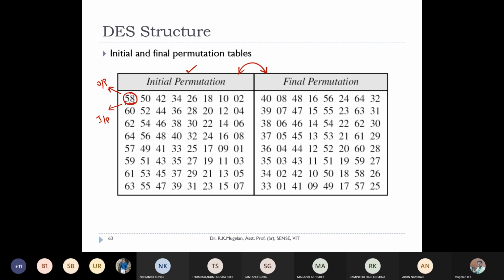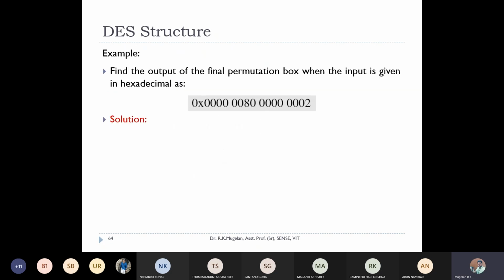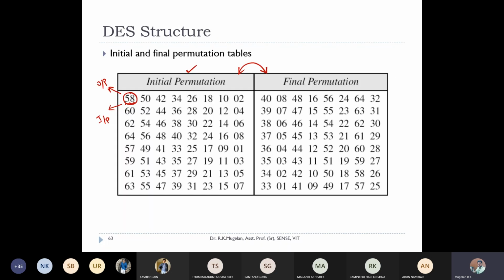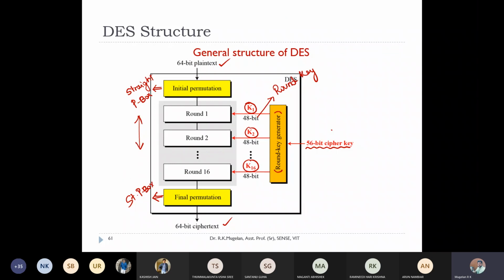Also, sir, DES is based on transposition cipher. We can't say exactly that it is only transposition. DES has a combination of both transposition as well as substitution. For example, if you see the DES structure, in these P boxes only transposition is happening.